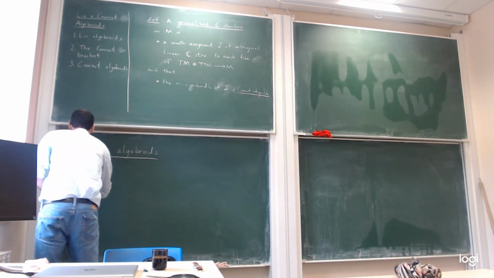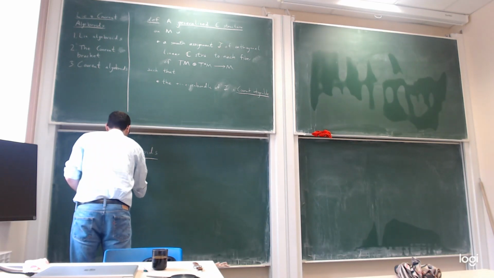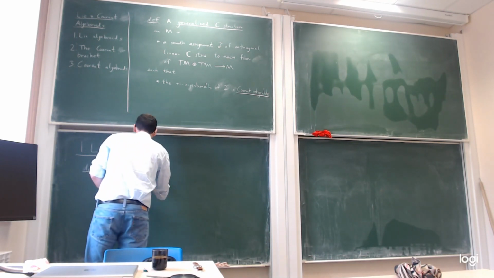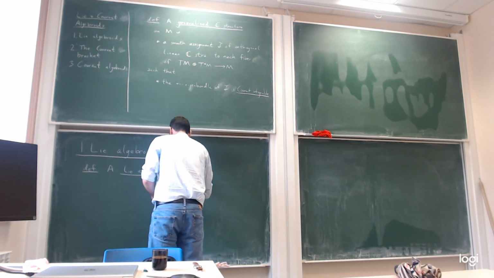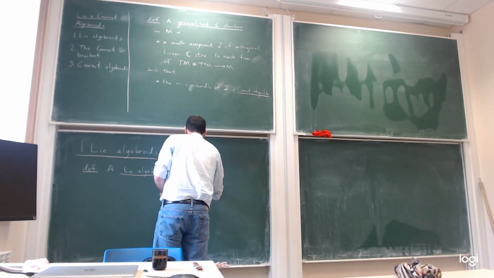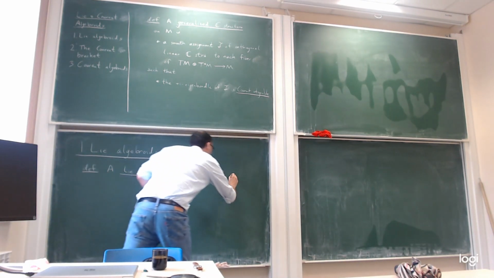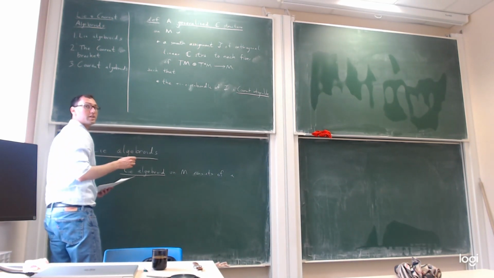So recall the definition. A Lie algebroid on M consists of three pieces of data.